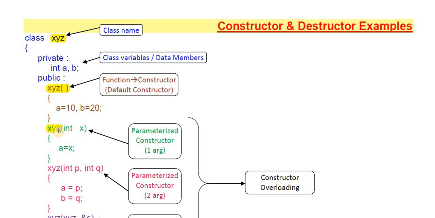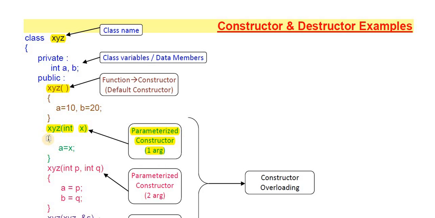This function also has the same name xyz as the class name, so this is also a constructor. But in this constructor we are using one parameter or one argument, x. So this constructor becomes a parameterized constructor. Parameterized constructor means any constructor which uses one or more parameters.